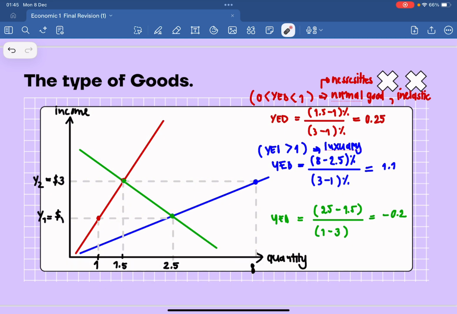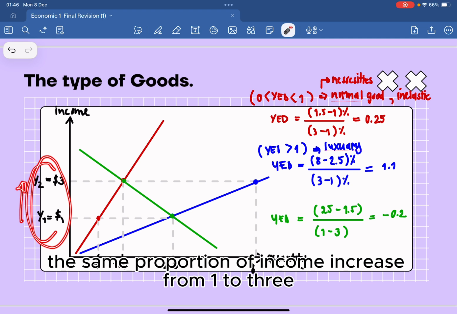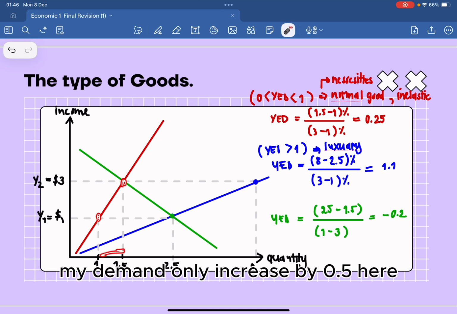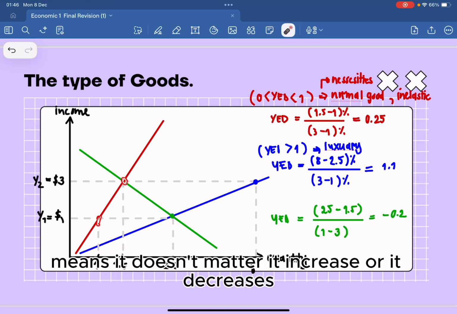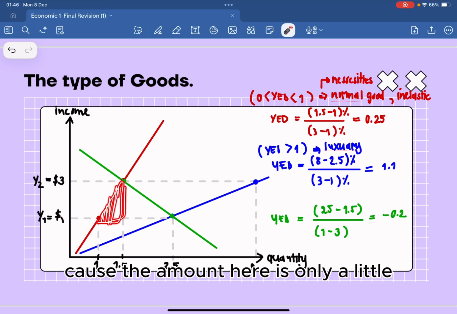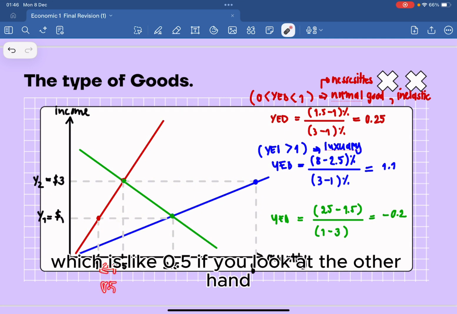Okay, yes, but on the other hand, for the same proportion of income increase from 1 to 3, my demand only increased by 0.5 here. Means it doesn't matter if it increases or decreases, because the amount here is only a little, which is like 0.5.